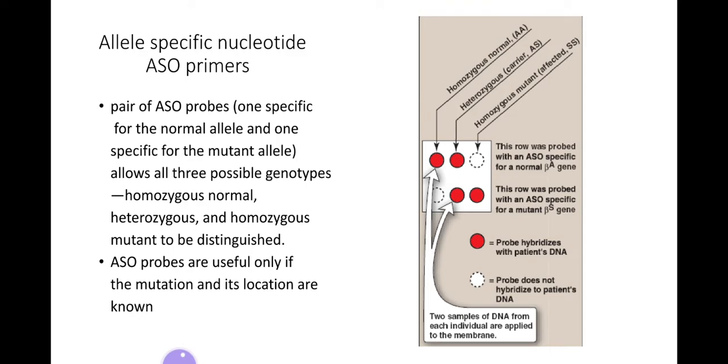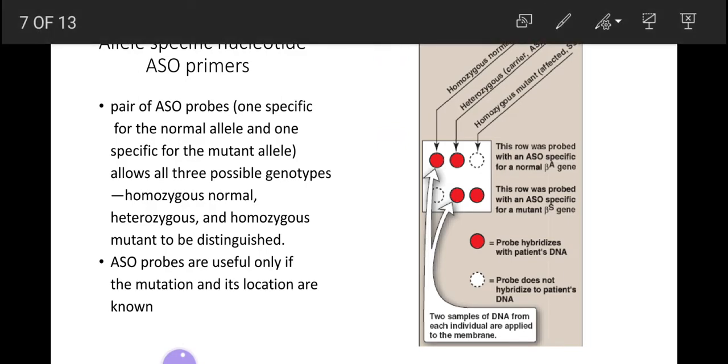See, there are three spots of DNA. One is the homozygous normal, the second one is heterozygous, which is the carrier, and the third one is the mutant.